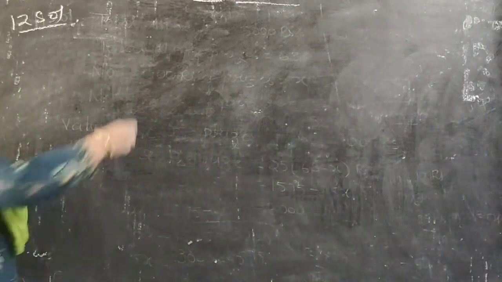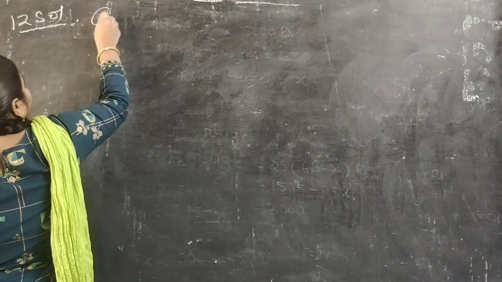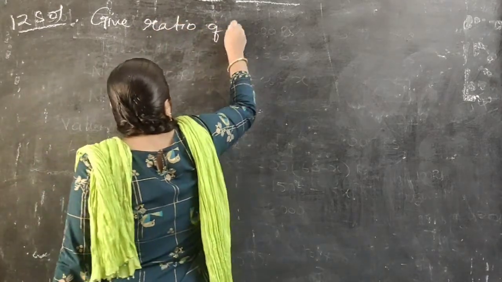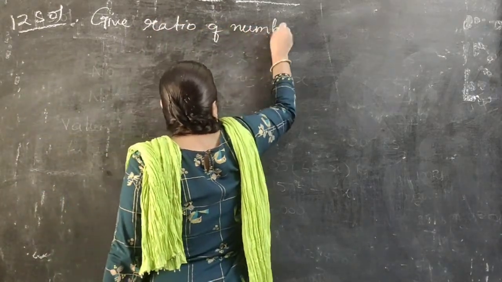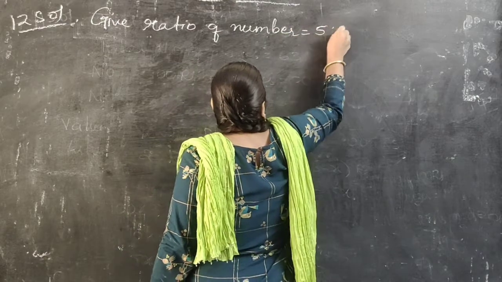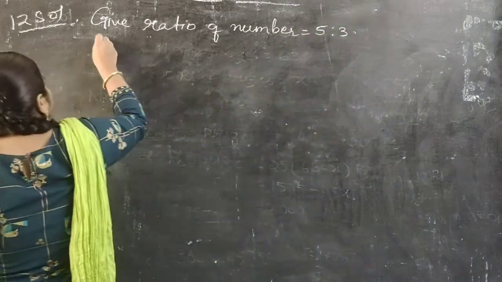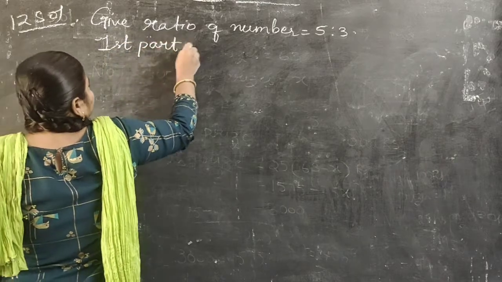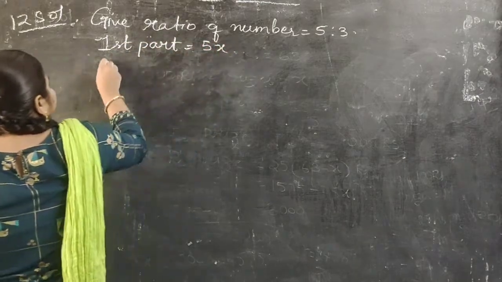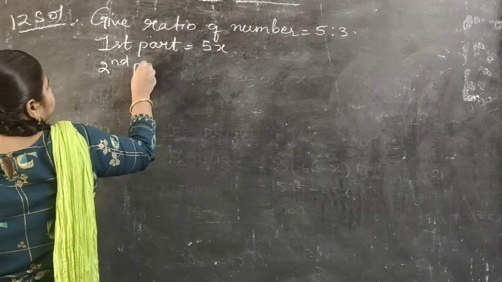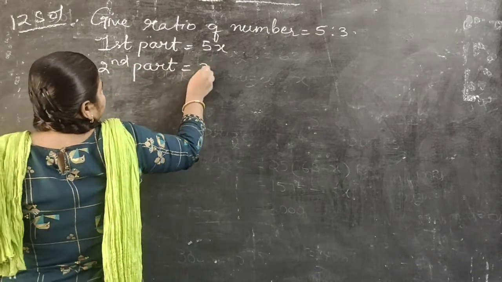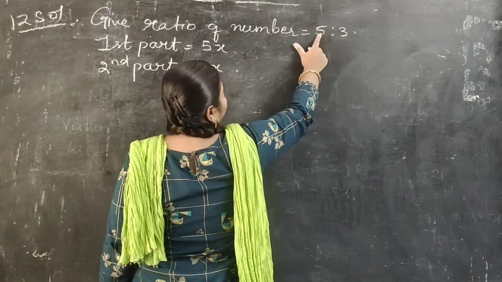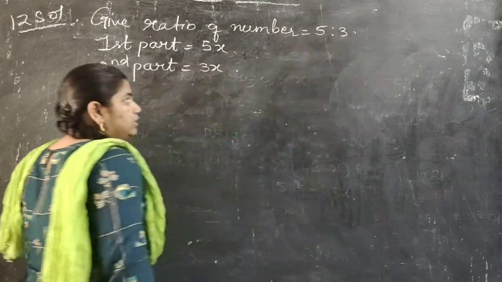What is the given ratio there? The given ratio of the number is 5:3. So the first part I am taking as 5x and the second part I am taking as 3x, because ratio is nothing but the answer will be in the form of 5 multiples and 3 multiples.